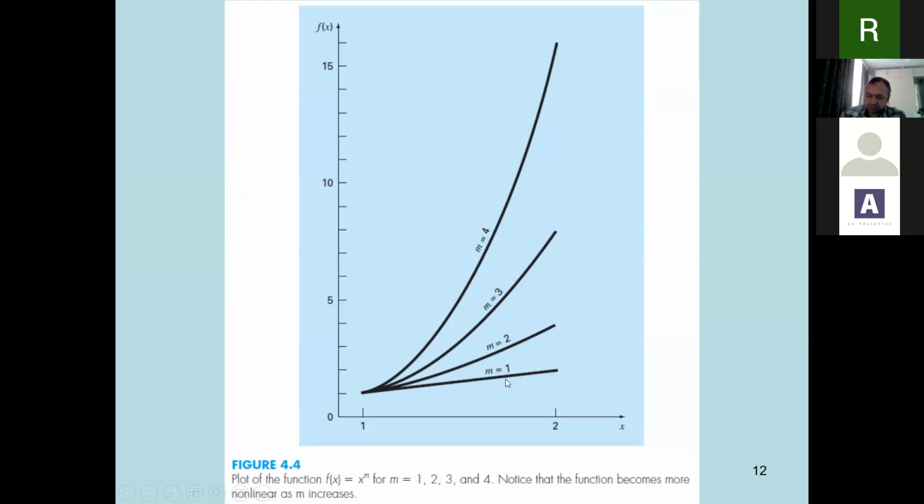So here we have chosen four values of m. M is equal to 1, m is equal to 2, m is equal to 3, and m is equal to 4. And you can see that the more the value of m, the more non-linear the function is.